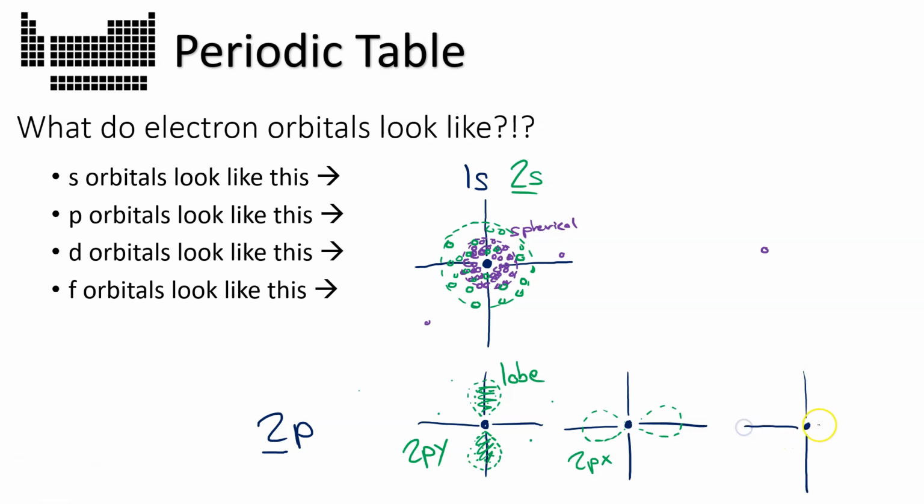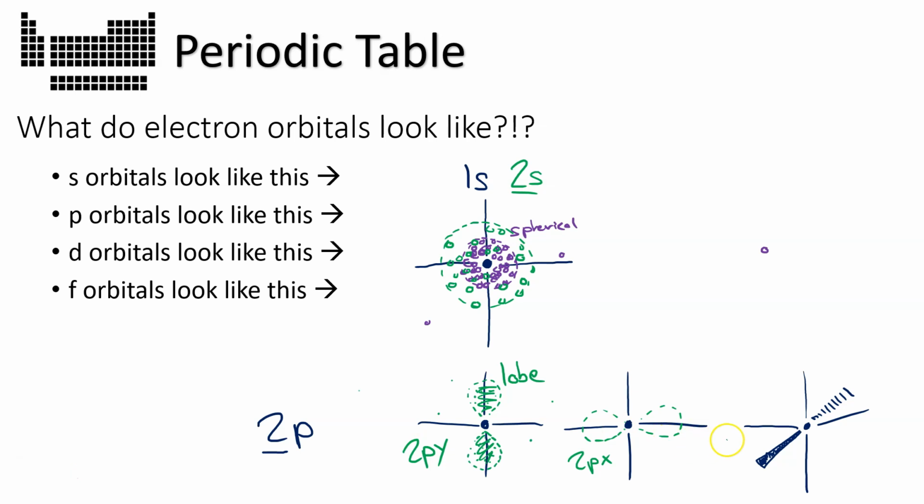And there's even one more region of space that we could draw in here. This one's a little bit trickier because we now have to come three-dimensionally out of the page. So it's tough to do this on a flat video surface, but this thick line represents a direction that is technically coming straight out of your computer screen at 90 degrees, and this dashed line represents going straight back behind the computer screen.